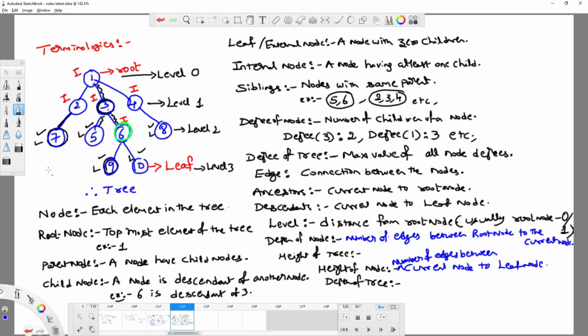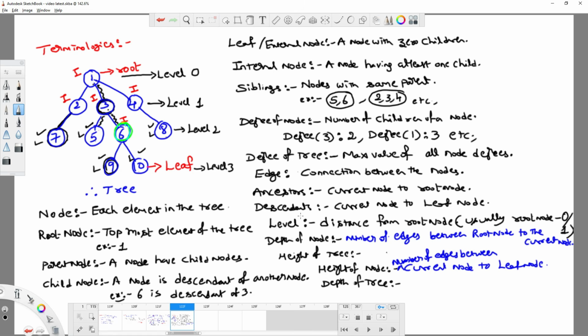Similarly, what about depth of tree? What is the meaning of depth of tree? Depth of tree is nothing but the largest path among all the paths, right?